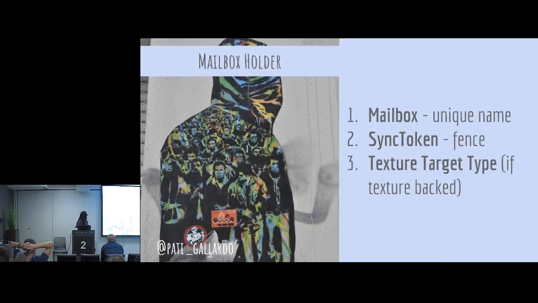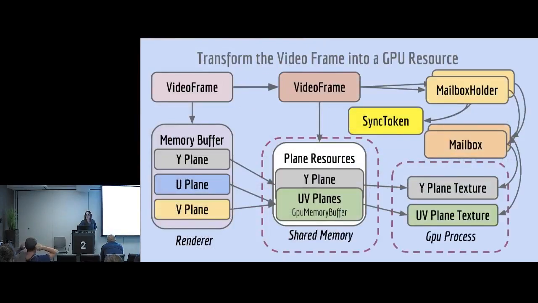Chromium has this idea of a reference to this type of sync token, which they call a mailbox. And then you have also something called a mailbox holder to hold the mailbox and a sync token and a texture target. I'm not going to go into this. You can look at it if you want to. But you'll get a lot of boxes with those names, so I just mentioned it. But basically, on the left-hand side here, you have our wonderful video frame with our buffer, and that's great, but we need it over on the GPU process.